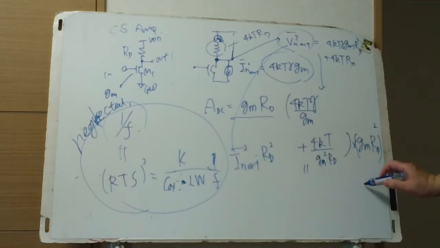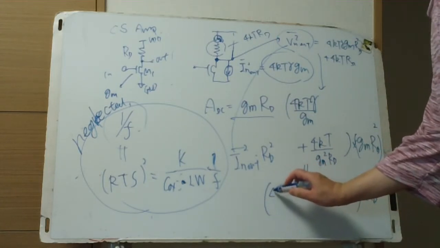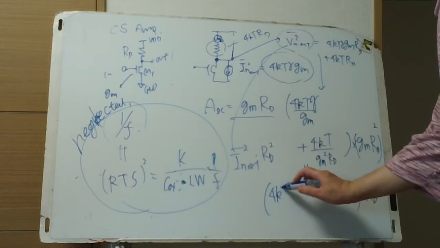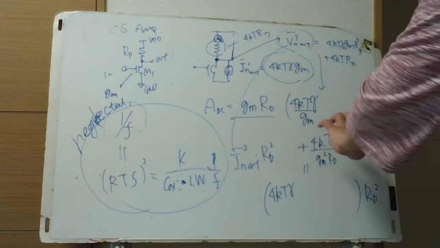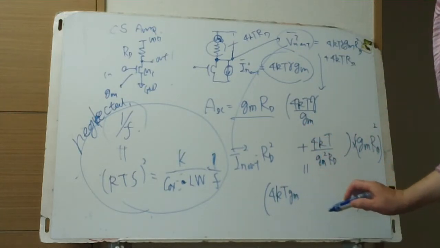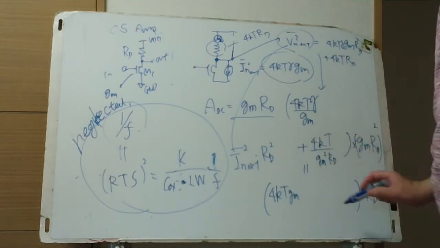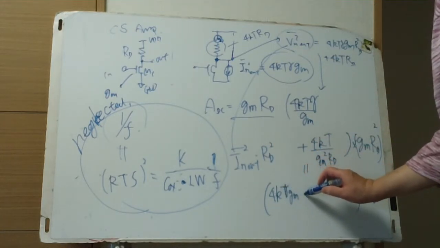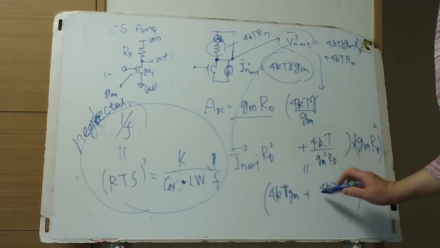So to separate RD squared, we can get gm squared is there, gm squared, the gm gamma gm plus 4kT over RD.